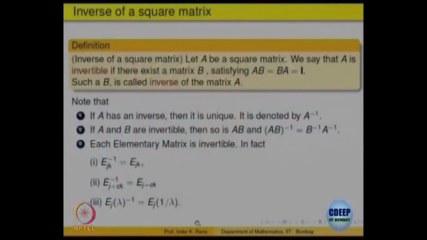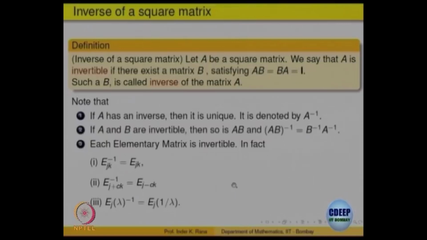So, all three types of elementary matrices are invertible. For example, the inverse of E_jk is E_kj; there is a typo here, it should be kj, interchange again. For E_j lambda, where you multiply the jth row by lambda, you divide the jth row by lambda; that is the inverse.